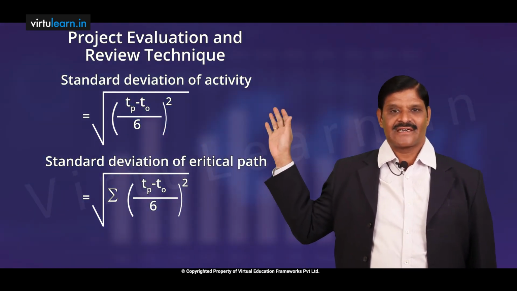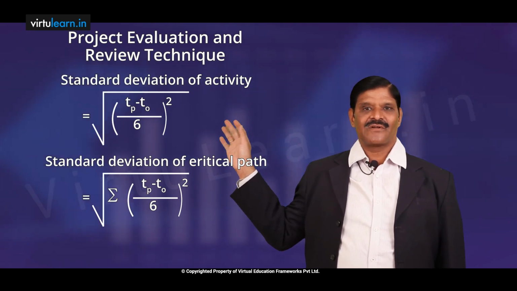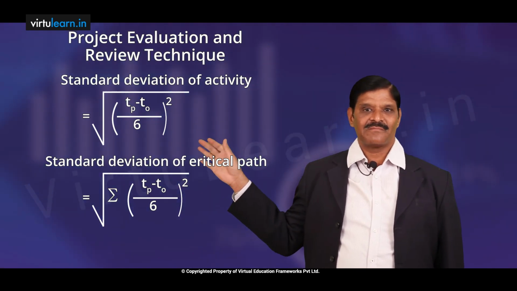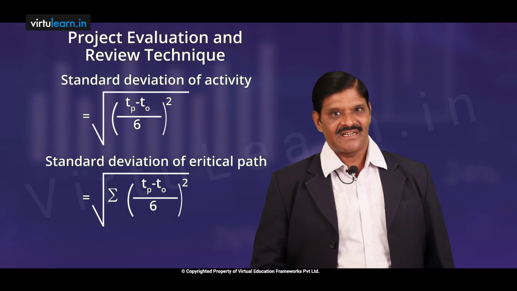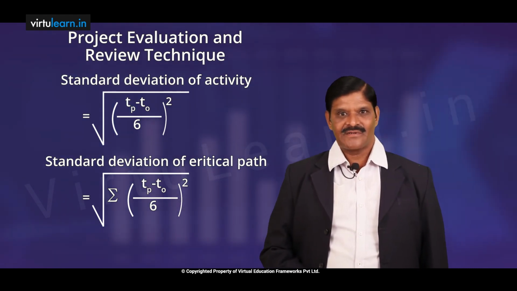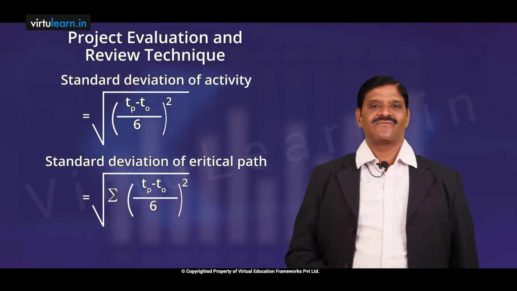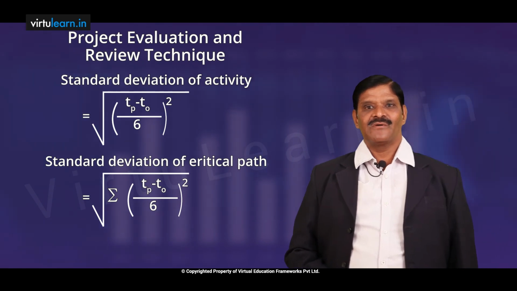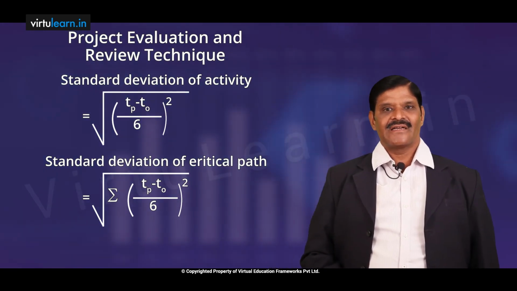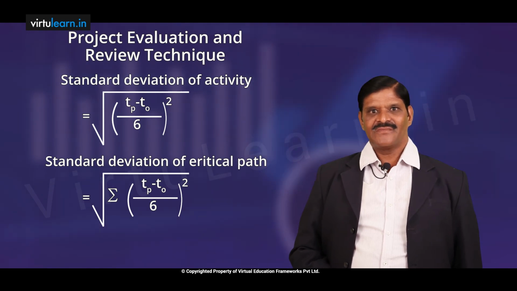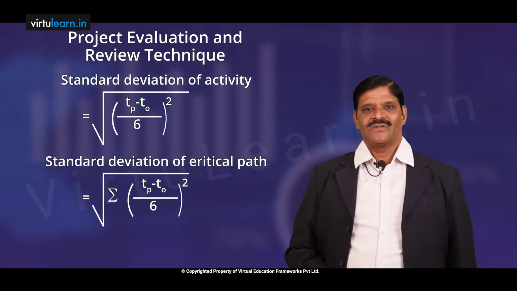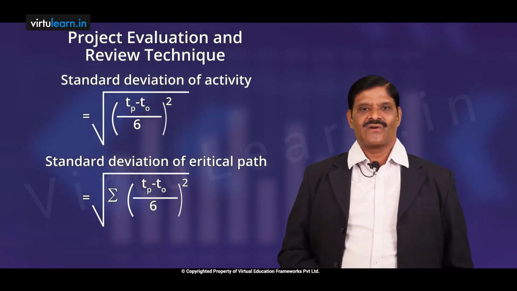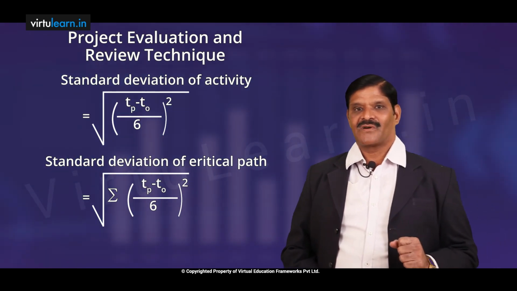Similarly, after estimating the project duration, we are interested to know whether the project is going to be completed on time, or whether it will be delayed, or whether we can complete it early. In that event, we try to find out a measure known as probability of completing the project for the estimated time or for some given time. Say for example, a project is to be completed in 36 weeks. We want to know what is the probability of completing the project in 40 weeks.